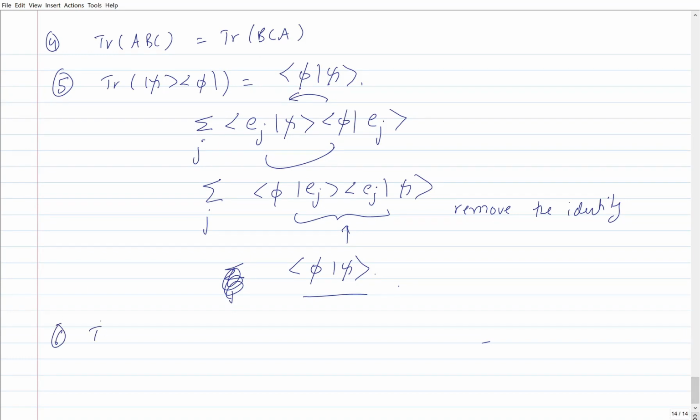So once again, I have the trace of some operator, and it turns out to be equal to this over here. How do I do it? I'll again try to evaluate the trace in a particular basis.